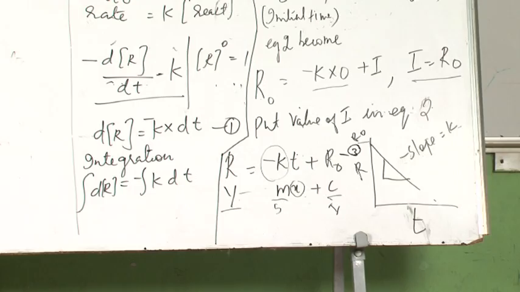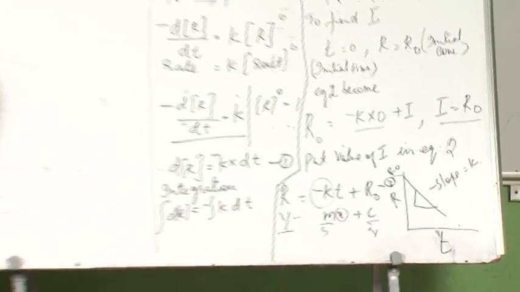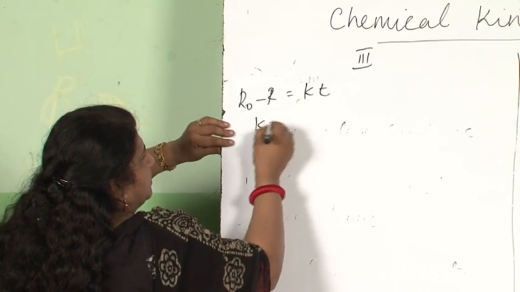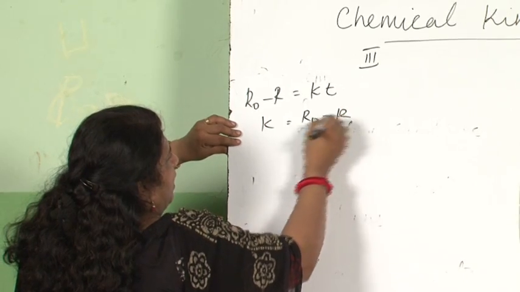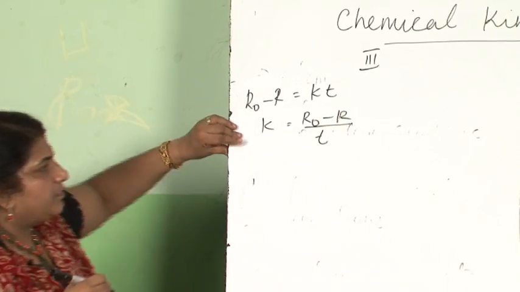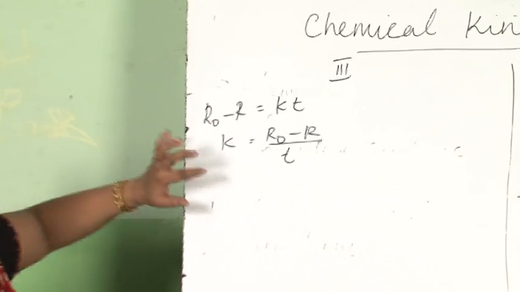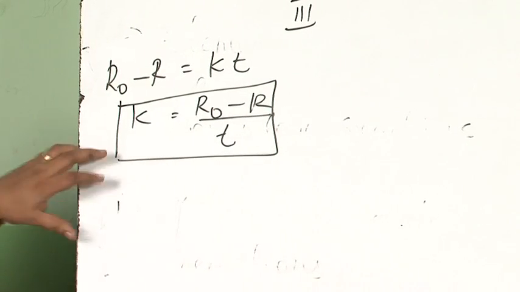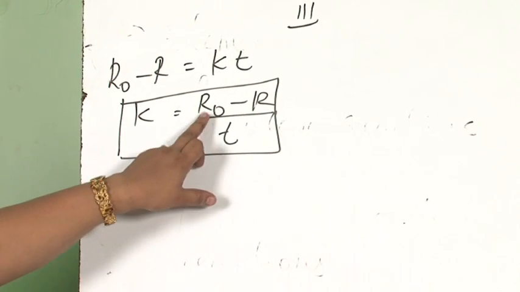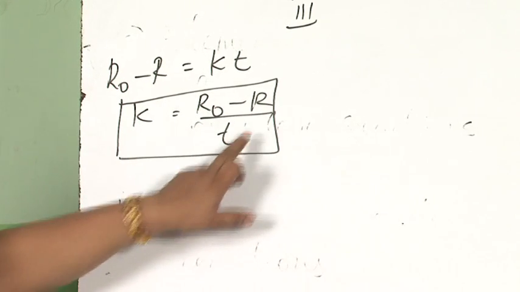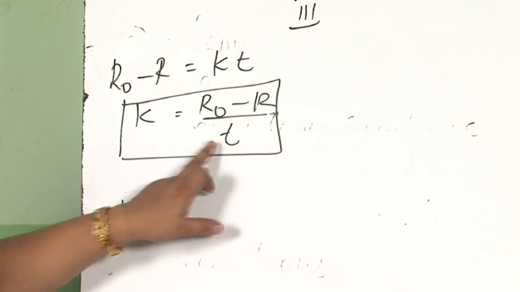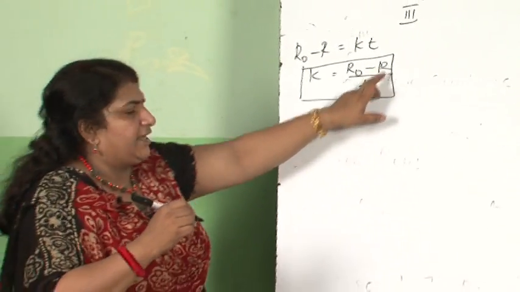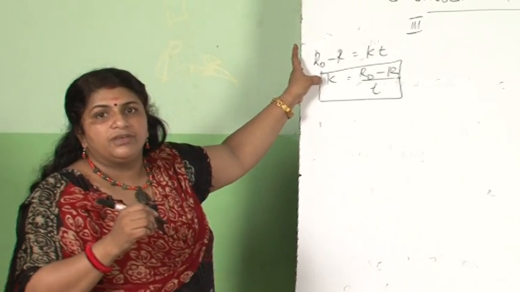From equation 3 you can see R0 minus R is equal to K into t, or K is equal to R0 minus R upon t. Is it clear to you, children? We have derived a relationship between the rate constant of a zero order reaction, initial concentration, and concentration R after time t. If you are given initial concentration and concentration after a particular time t, you can calculate the value of K.